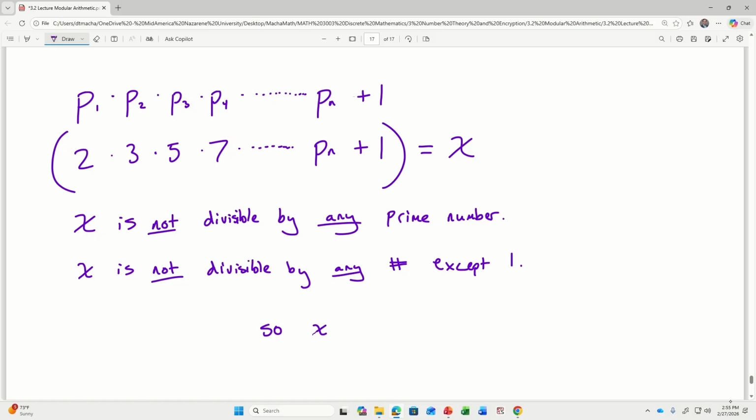So x is prime. And x is greater than the largest prime number, isn't it? So this is our contradiction, that we just found a prime number larger than the largest prime number. That means there cannot be a finite number of prime numbers.